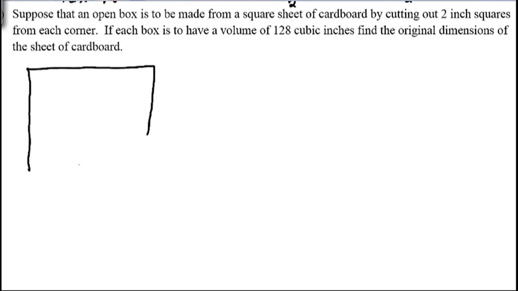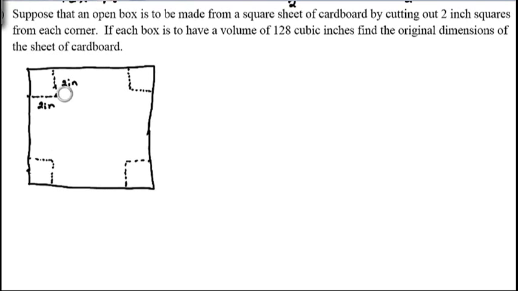Normally there's a picture given to you for these problems already anyways. So we have a sheet of cardboard, and we're going to cut out these 2-inch squares from the corners. And then we're going to fold these edges up, and it'll create an open top box.